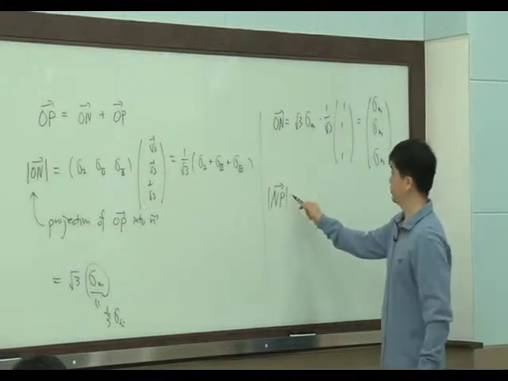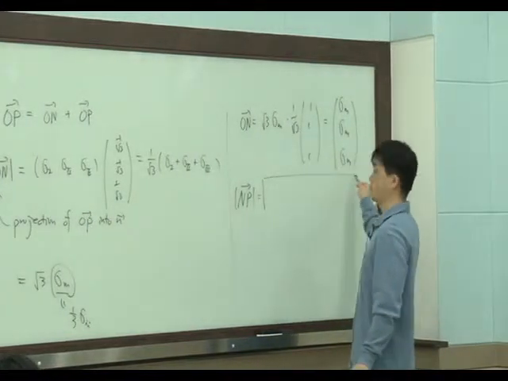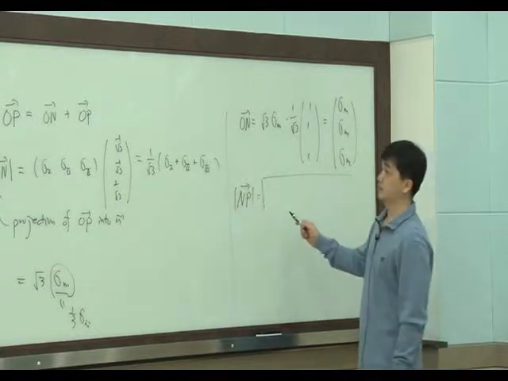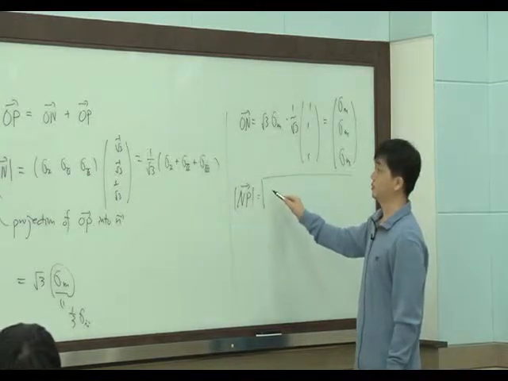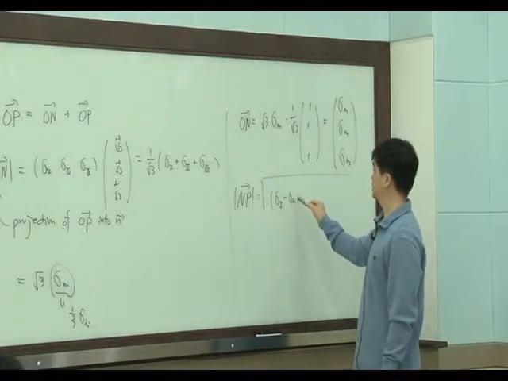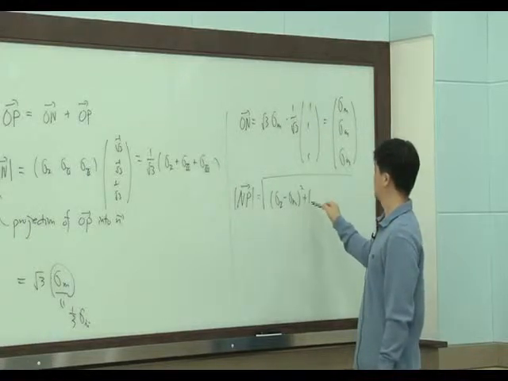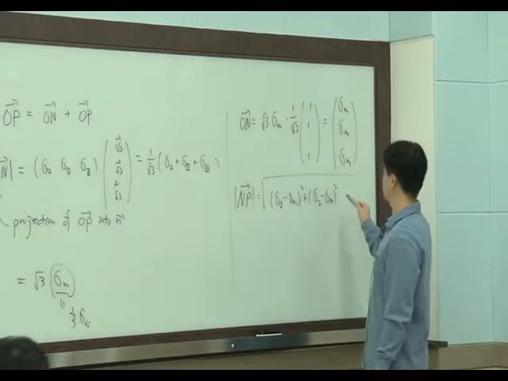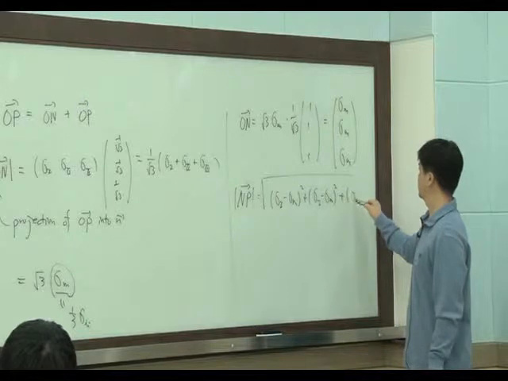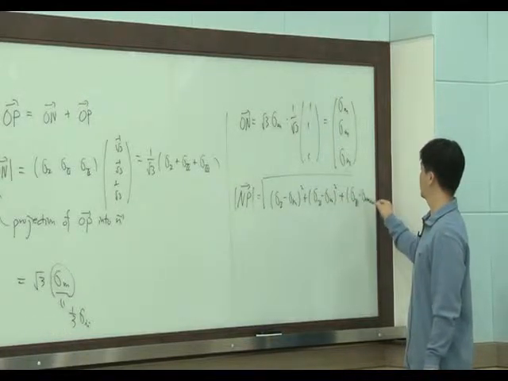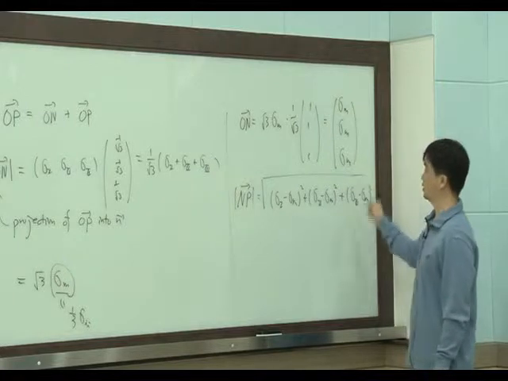NP will be, from the Pythagorean theorem, the square root of sigma 1 minus sigma m squared plus sigma 2 minus sigma m squared plus sigma 3 minus sigma m squared, right?